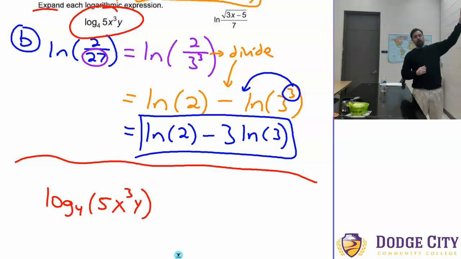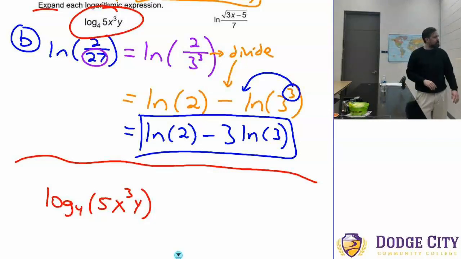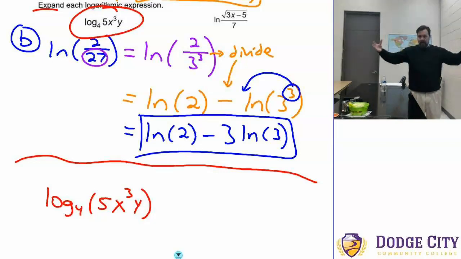So the rules that we were introduced to at the top of the page were set up where if you have 2 things being multiplied together, you can split those 2 things up into 2 separate logarithms. But that can be chained together and applied to multiple things. So if you have 5 different things being multiplied together, you can split those up into 5 separate logarithms.